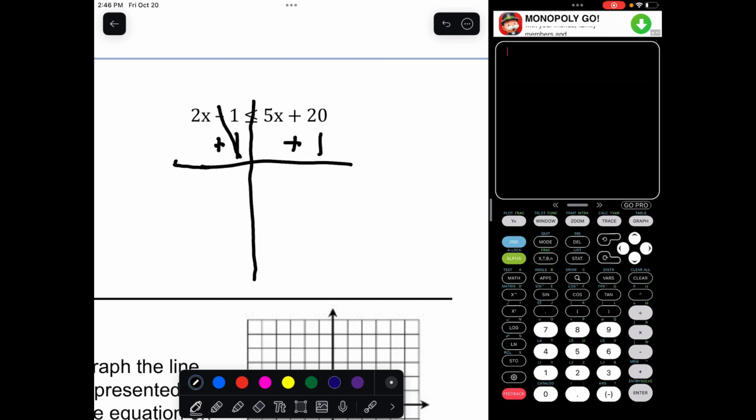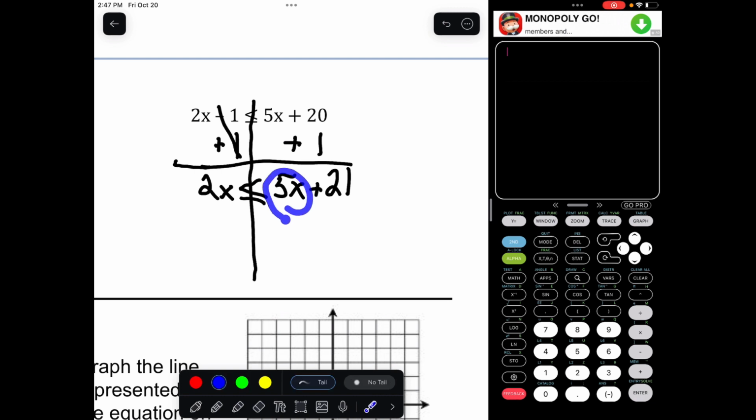On the left side of my inequality sign, I have a 2x. My inequality sign drops down. It's still less than or equal to. Now I have 5x plus 21. 20 plus 1 is 21. I want to get my variable terms to the left.